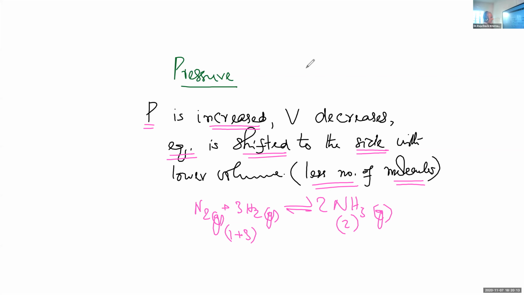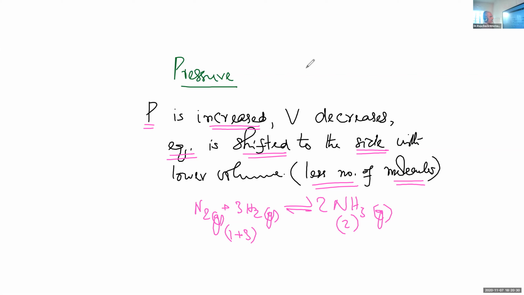Okay. Now, this is our Haber process for ammonia. Now, if pressure is increased in this reaction, to which side is the equilibrium shifted?